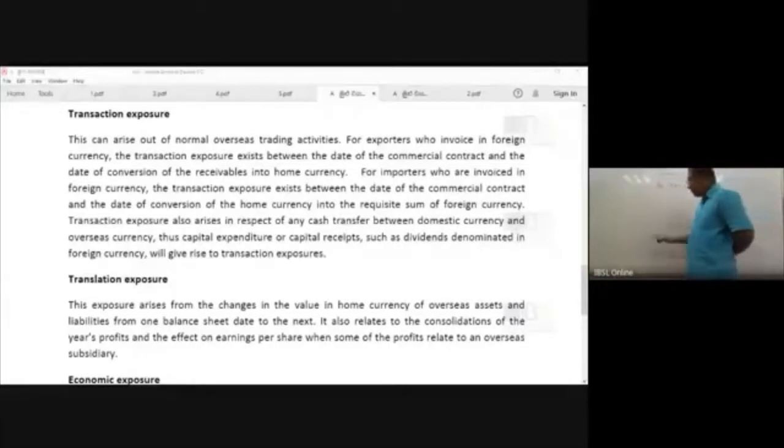We'll take an example. Say the LC value is $10,000. Now, when I say LC value, it means the issuing bank has issued a letter of credit for $10,000 favoring a beneficiary. That's what it states. Right.